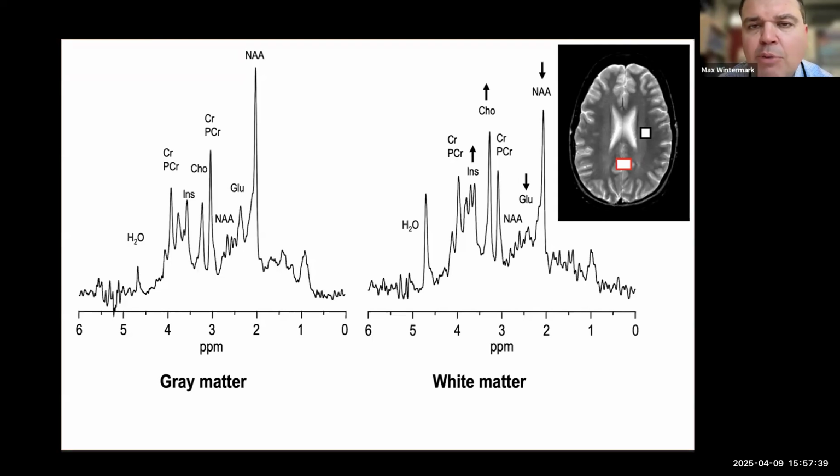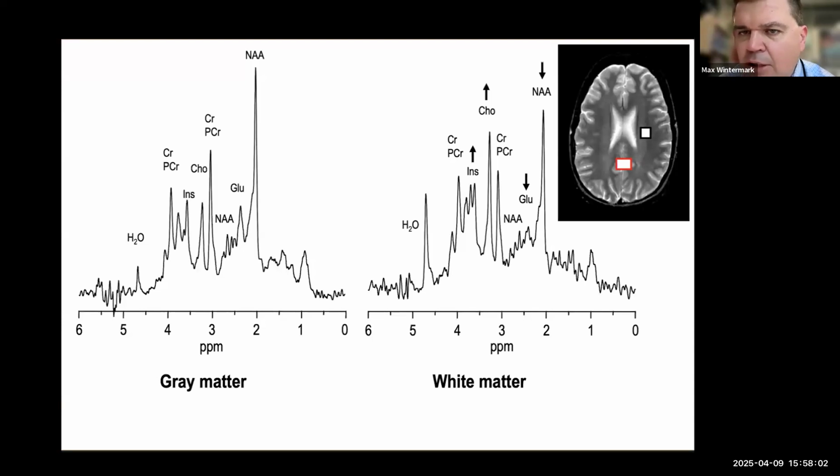When we do MRI in general, the signal that we typically collect is the signal of water, because water is the element that's the most commonly present in our body. The signal that you see on all MRI images is actually the signal of those hydrogen atoms in the water molecules.